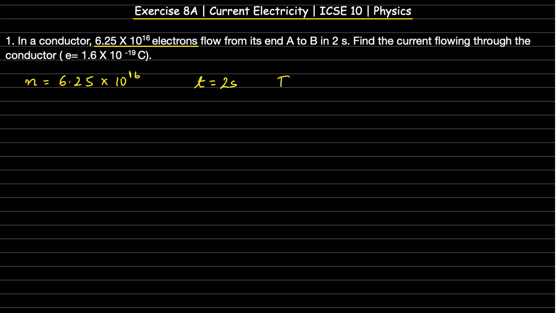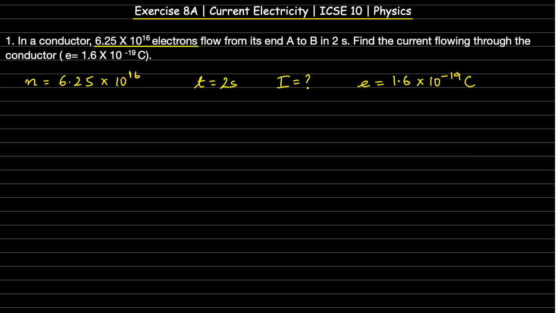So current is denoted by capital I through the conductor. And the value of e is given as 1.6 into 10 to the power of minus 19 coulombs. So this is the value of e that is given in the question.